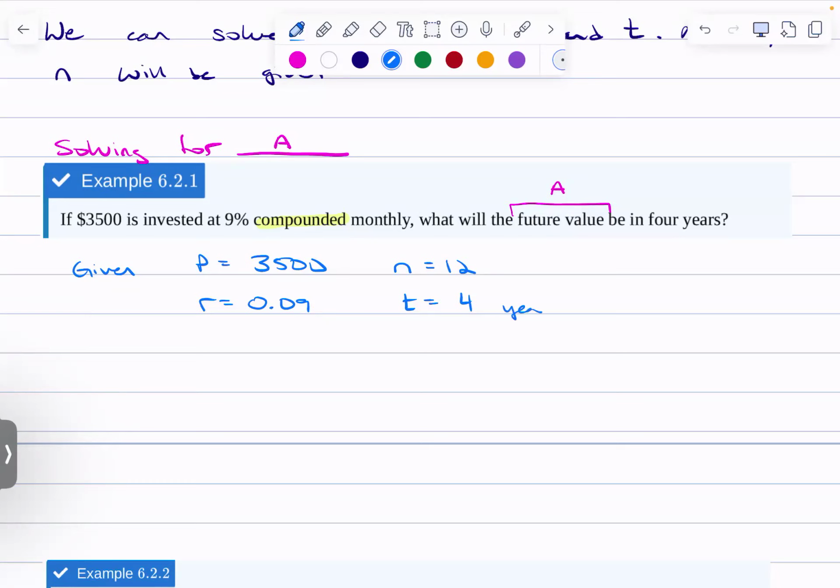Remembering that T now has to be in years. Otherwise the formula won't work. You can always convert something into years, right? 4 months is 4 out of 12 of a year, right? 4/12 of a year, right? That kind of thing.